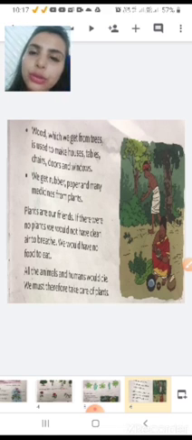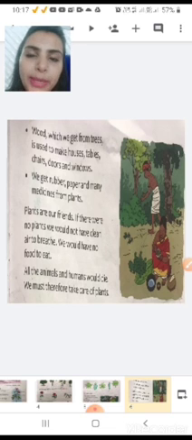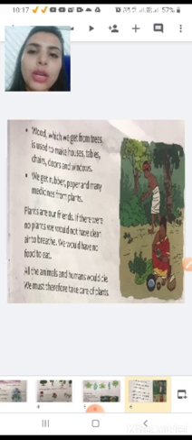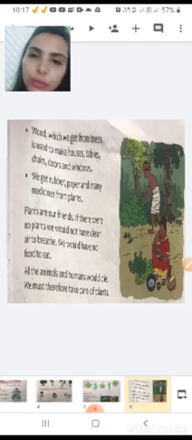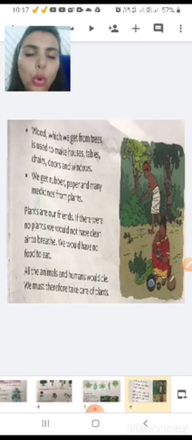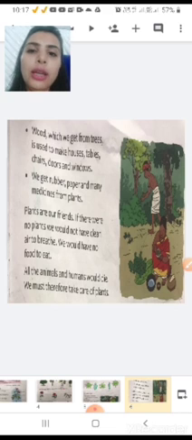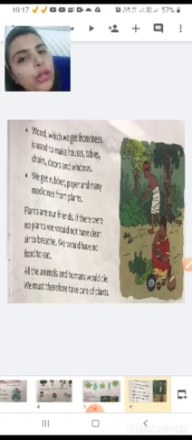This will make your environment clean and healthy. It is for you and for your future generations. So if you take one oath to plant a tree once or twice a year, it will be helpful for you.